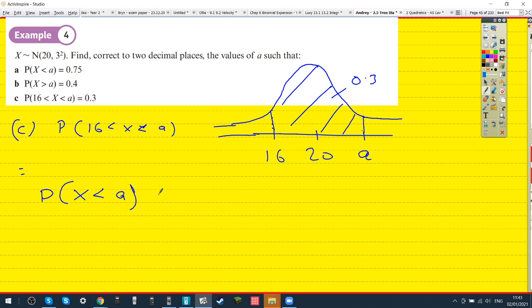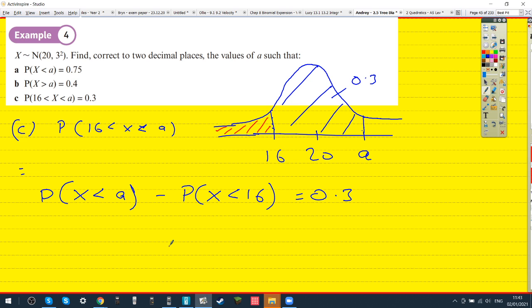And so we subtract the probability that x is less than 16, because that extra bit is the probability that x is less than 16. That's how you incorporate the 16 bit. Okay. So am I now doing tail left?